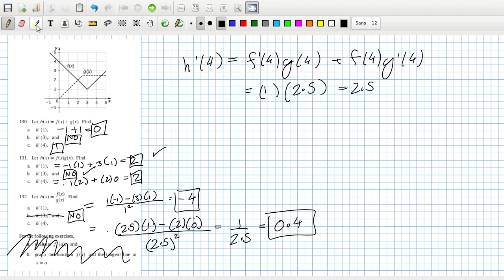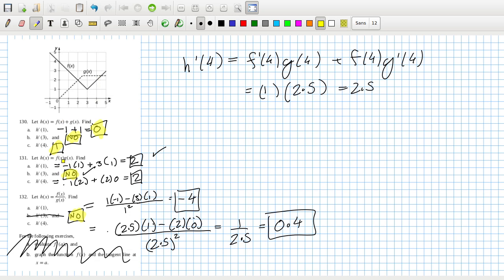Let's have a quick check before we wrap it up. Okay, h dash 1. So that's the derivative of f plus the derivative of g at 1. So that's minus 1 plus 1. So I think that's right. That's undefined at 3. They're all definitely right. Then h dash 4. F dash 4 plus g dash 4. So 1 plus 0. So that looks right.